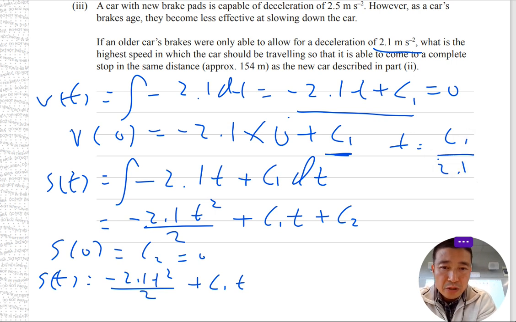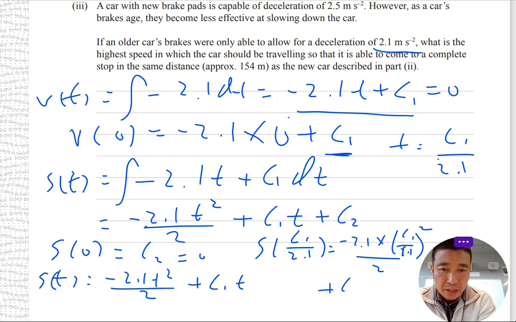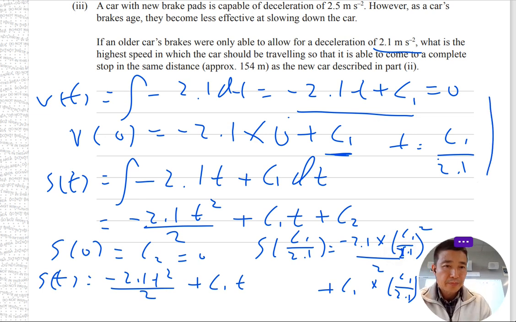So we have to plug this into S. So S of C1 over 2.1 is negative 2.1 times C1 over 2.1 squared, over 2, plus C1 times C1 over 2.1.